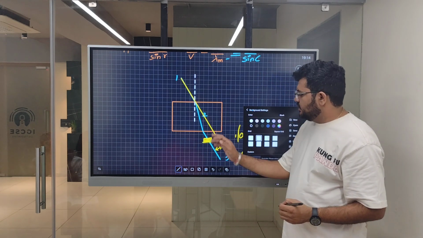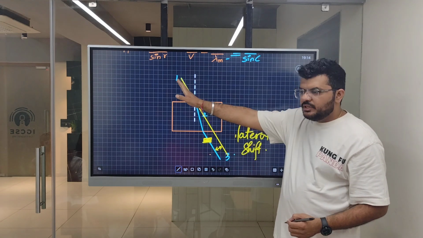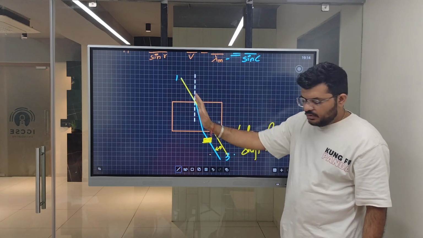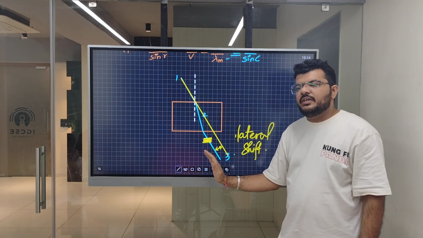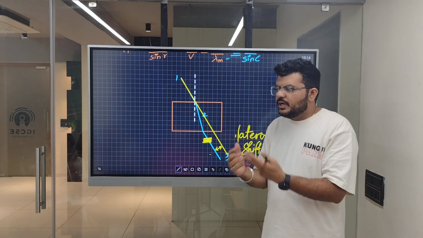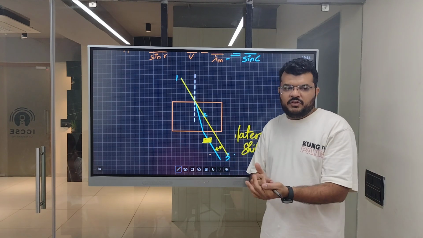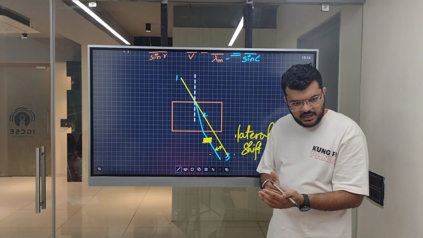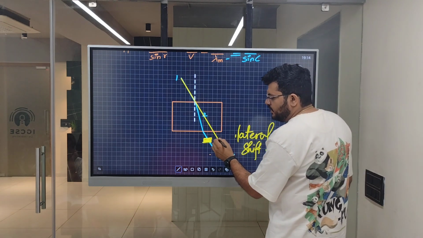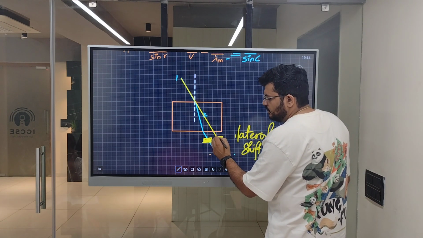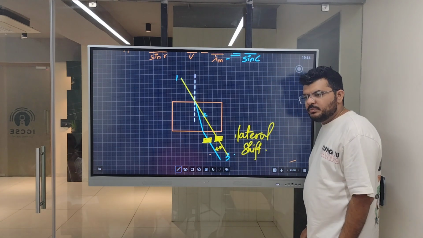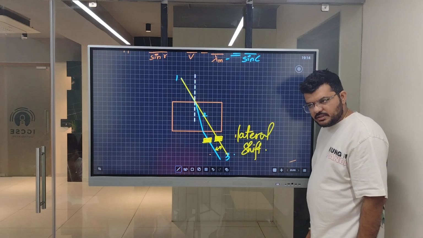The light travels from the coin to our eyes, only then I can see the coin. So it will appear somewhere where it is not, because your eyes and your brain cannot comprehend that refraction is taking place. So your eyes will think that the coin is actually over there. It appears somewhere else.